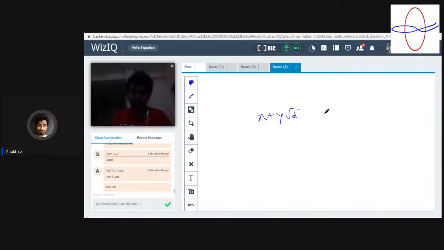So we'll study such numbers where x and y belong to Z. The set of all such numbers is something which we'll call Z root d. This is basically an extension of the integers, the integers extended with the square root of d. This is the definition of the set.